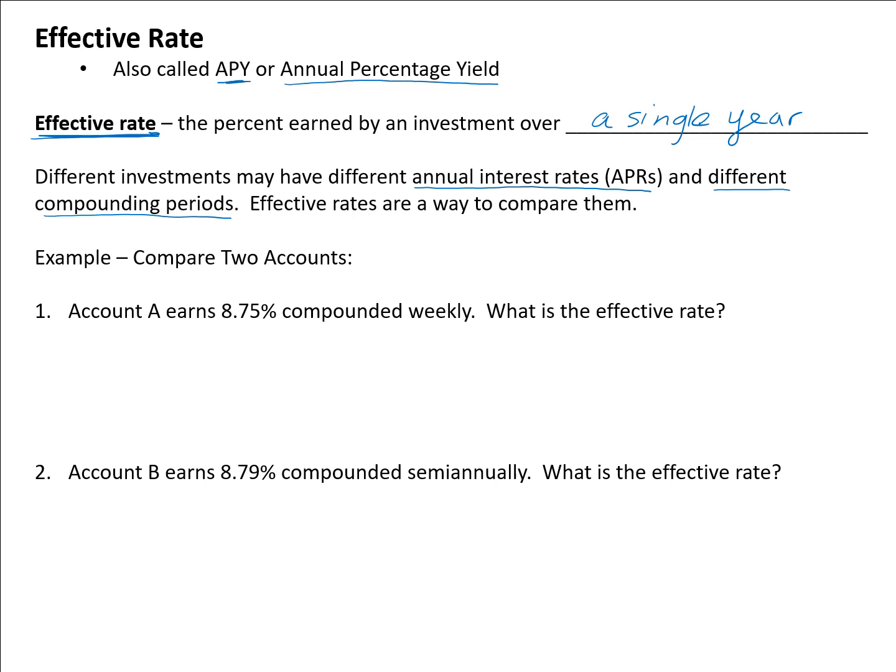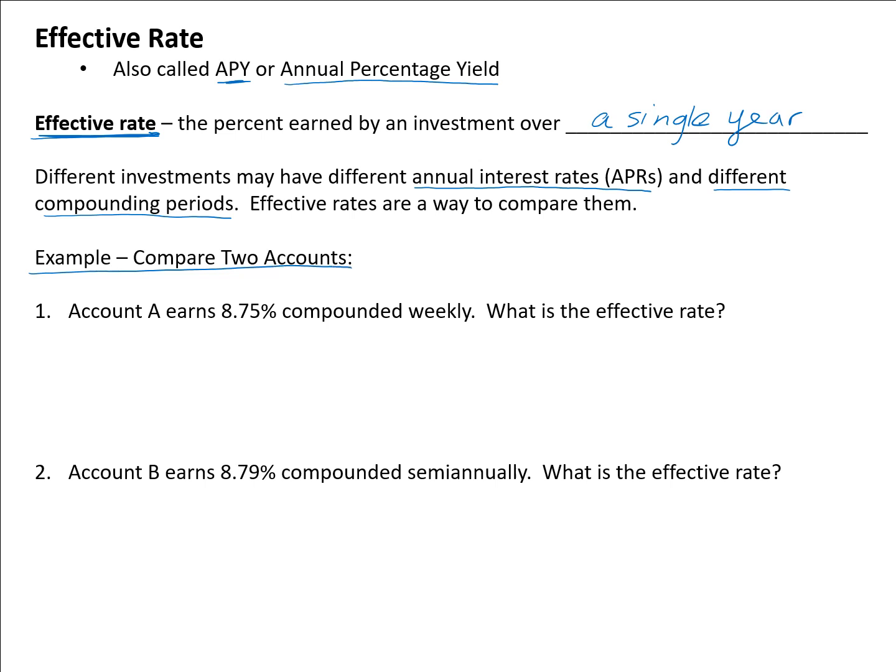But sometimes they will have slightly different interest rates and slightly different compounding periods. And the effective rate, because it narrows everything down to exactly the percent you earn in interest for a single year, is a way to put everything into a single number for that account and compare them. And let's look at an example of that.